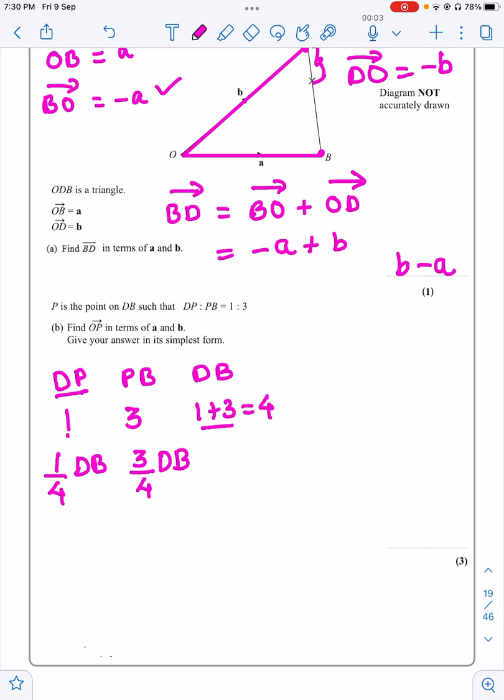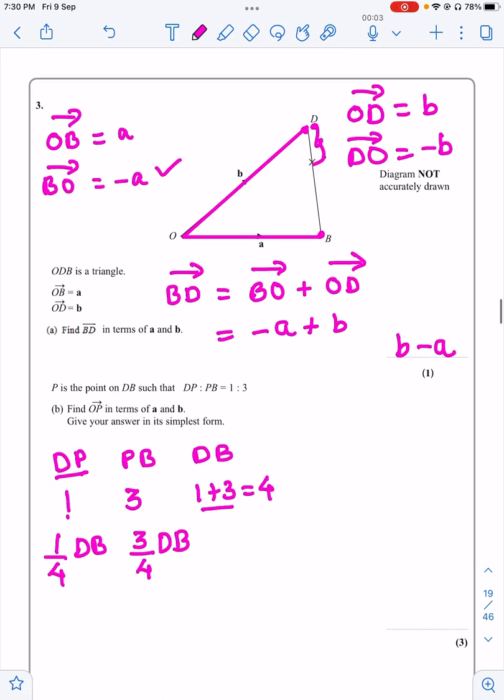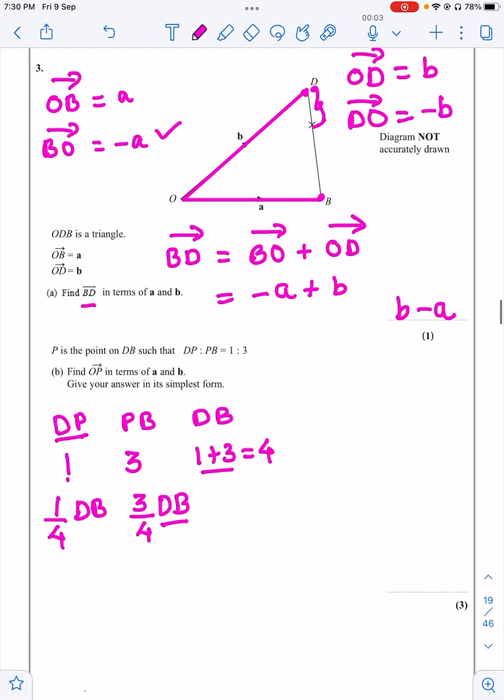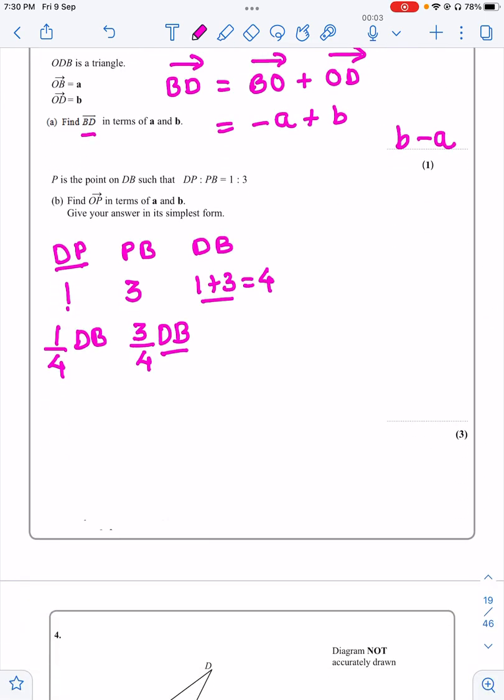Okay, but I have already the value of DB in terms of BD. So if, my dear students, try to understand, I have to find the value of DB, first check what is the value of BD.